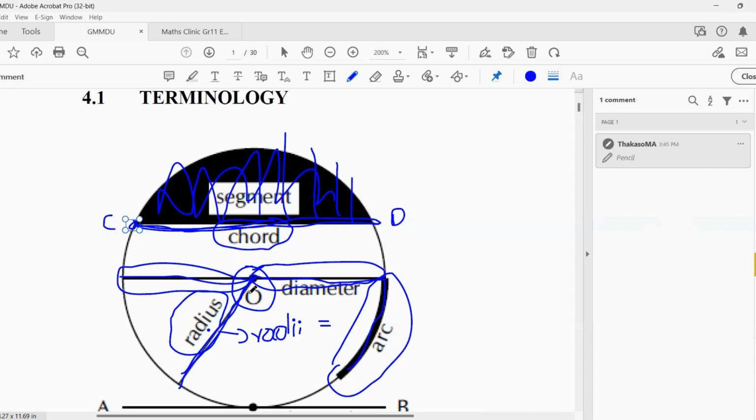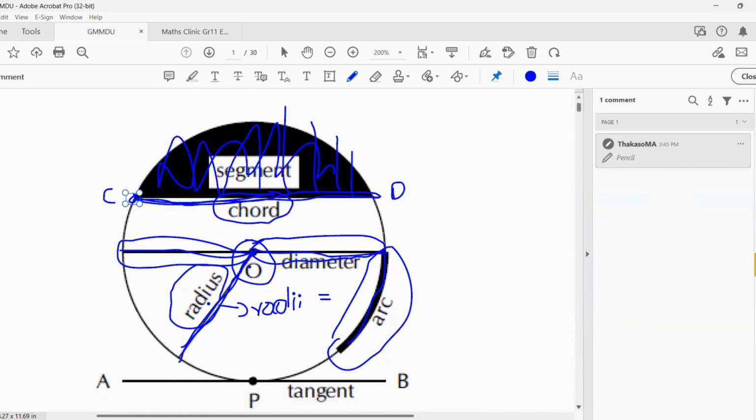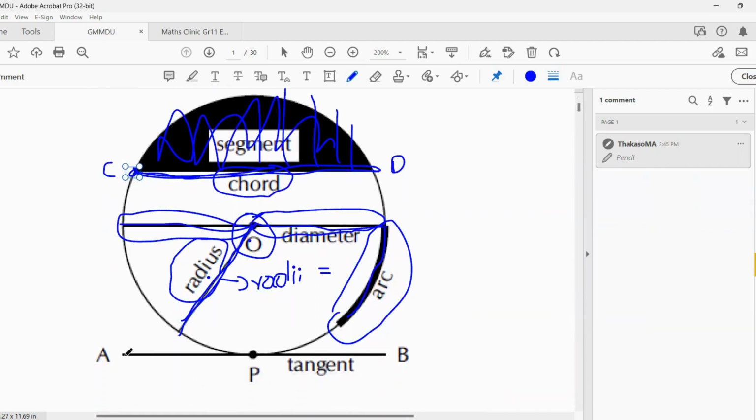Any line from the center to the circumference is a radius, more than one is radii, and all radii of a circle are equal. Another thing we have to know is that when a line is outside a circle but touches the circumference just once, we refer to that line as a tangent. That knowledge we're also going to need a lot.